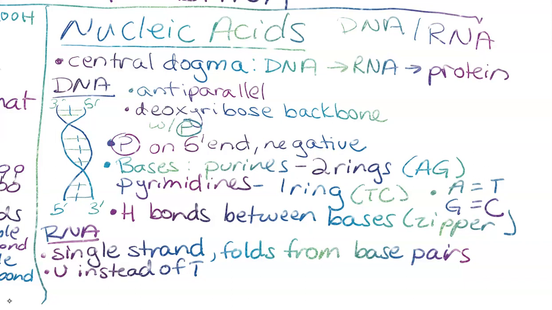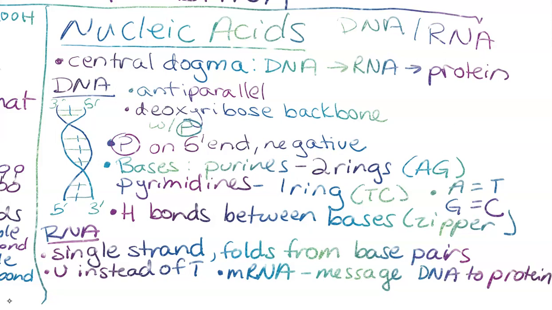There are a lot of types of RNA, but you only really have to know 3 of them. mRNA is the message in between DNA and protein. tRNA, they call transfer RNA.